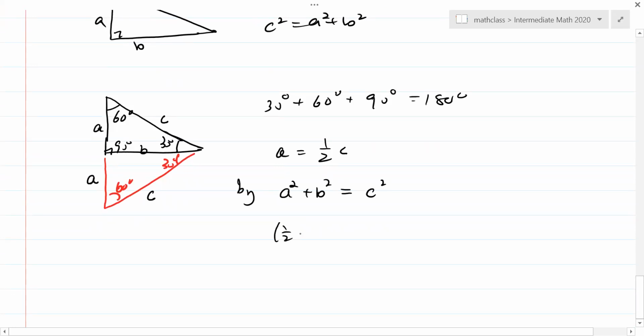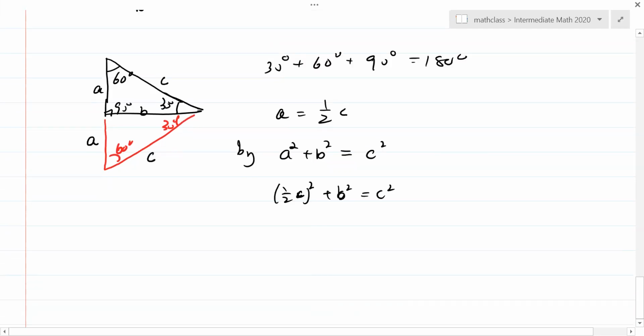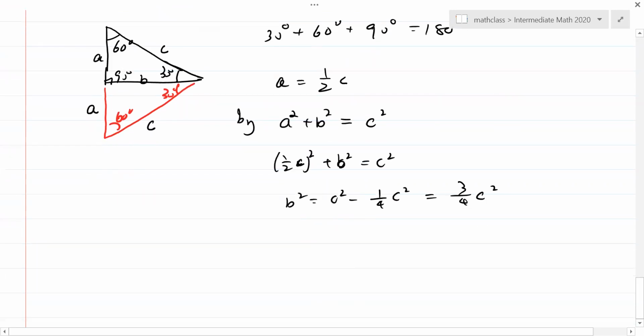A is 1/2 of C, so A squared plus B squared equals C squared. So B squared equals C squared minus 1/4 of C squared, which is 3/4 C squared.